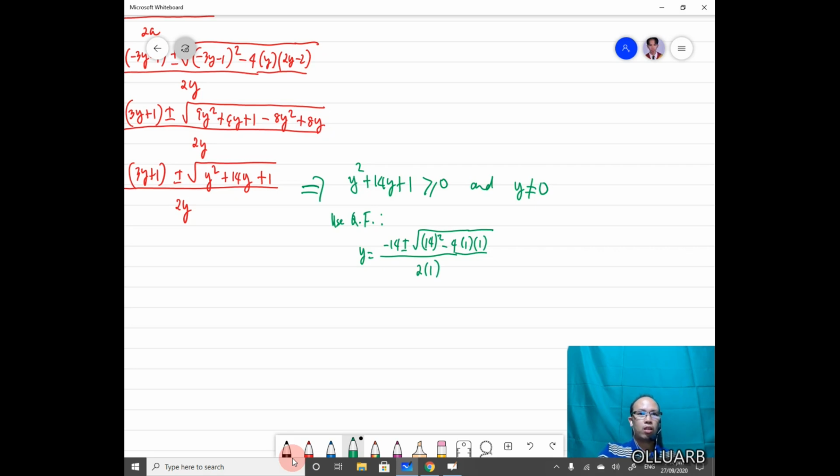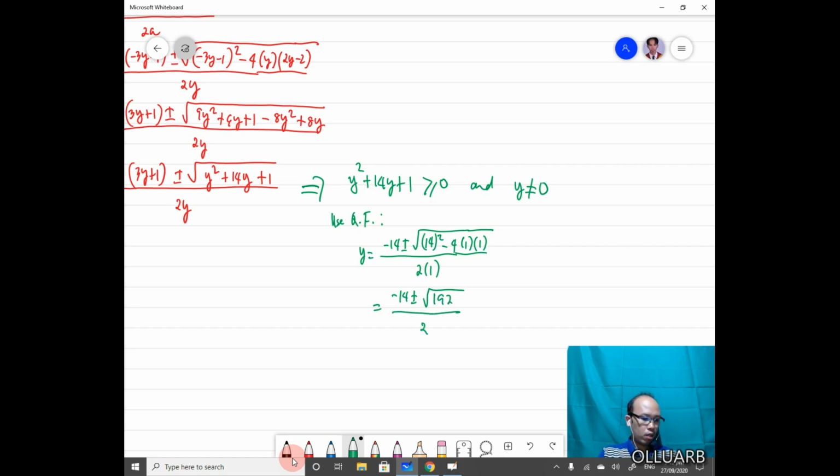What happened here is that the radicand is positive, so there's no problem. We evaluate 14 squared, which is 196, minus 4. We have 192, over 2.